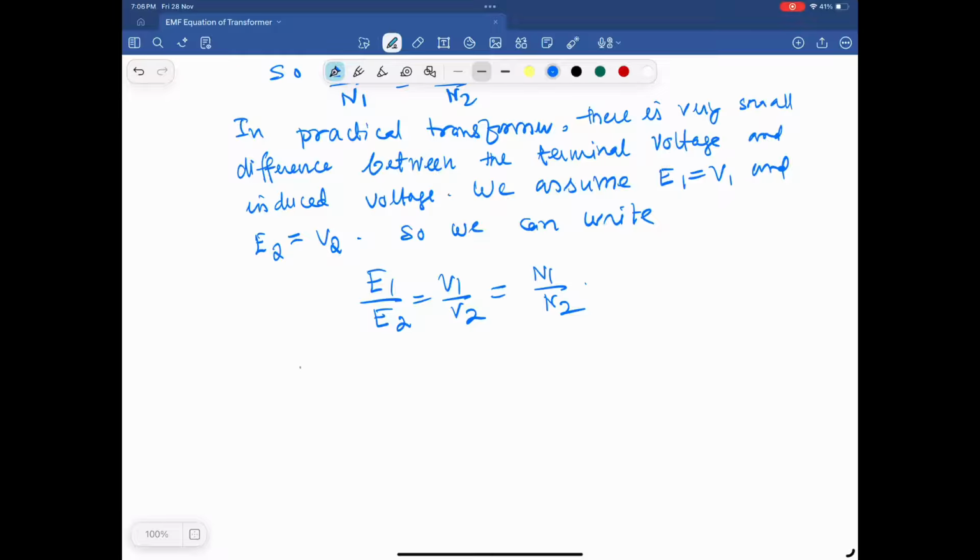Now think that if the value of E1 is greater than E2, that means the voltage is reducing, so it is step down. If V2 is greater than V1, that means it is a step up transformer.